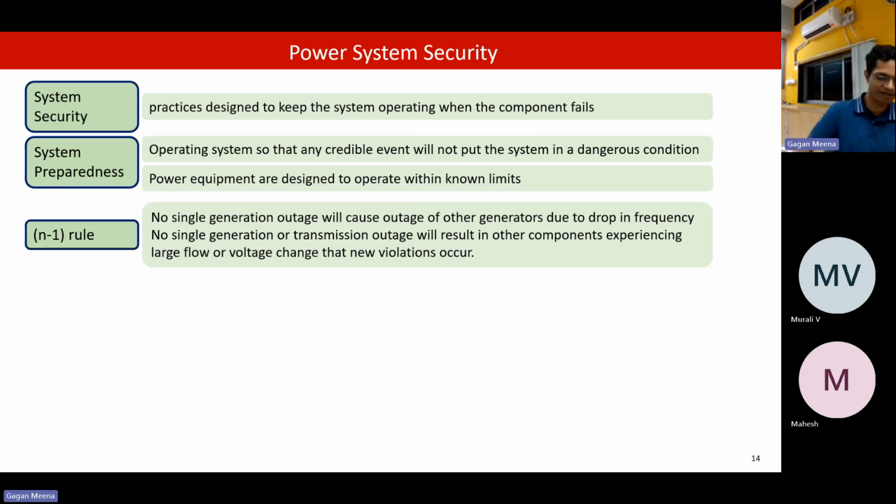I didn't understand what the loading limit is. Somewhere I read it is 60%. And so you're saying the thermal limit is 60%? Yes, the thermal limit of the transmission line is 50 to 60%.